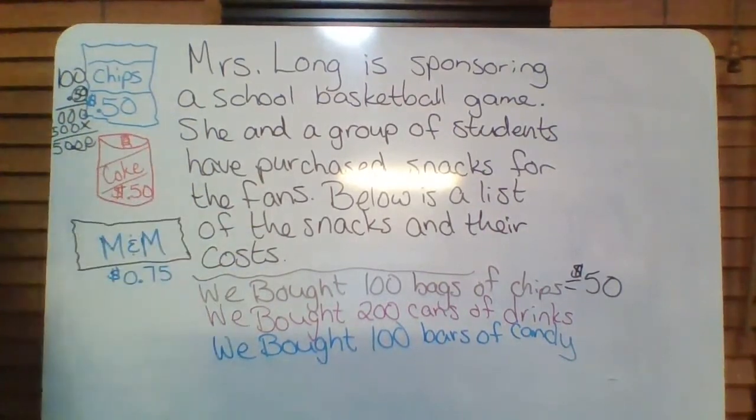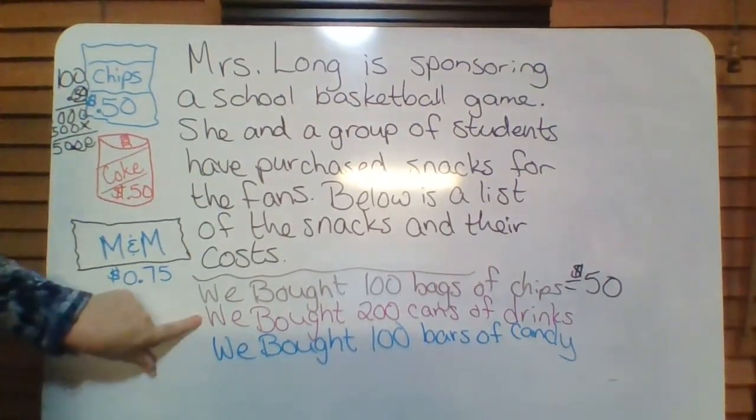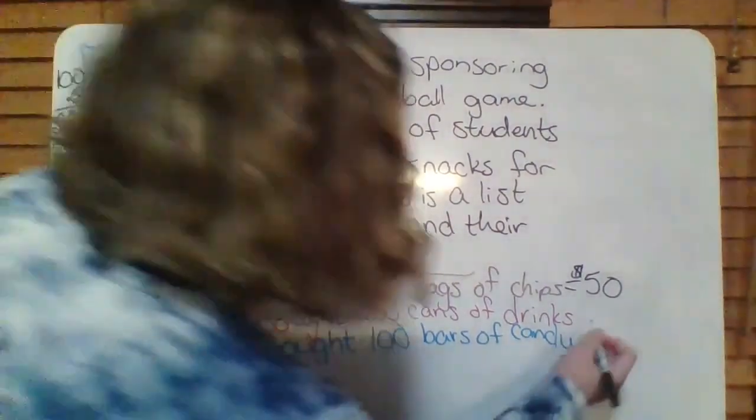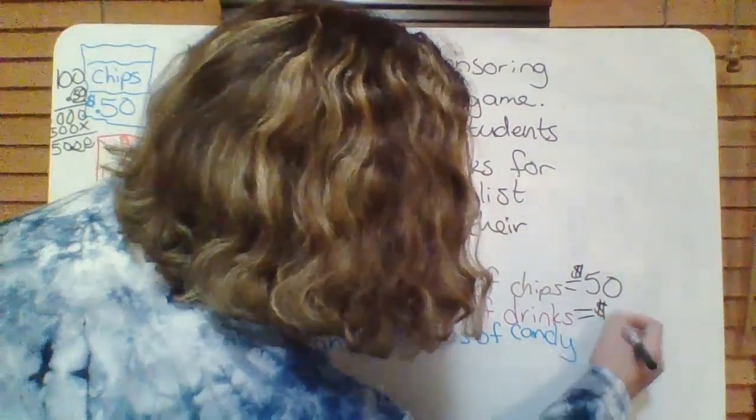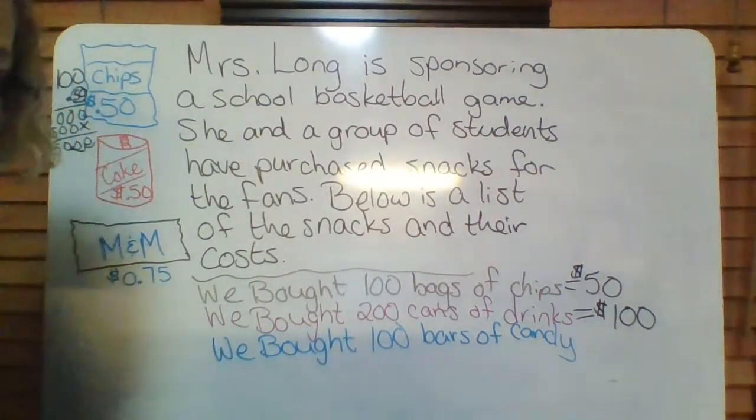So what do you think about the price? It's going to be what? It's going to be double. Same price, but double the amount will be double the price. So we spent $100 on cans of drinks.